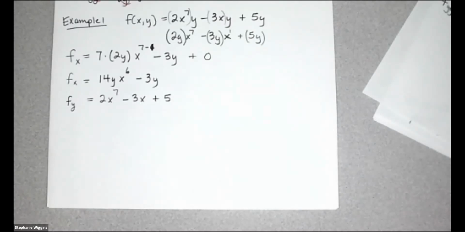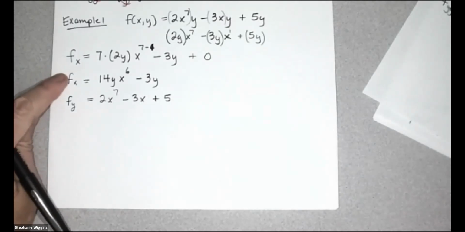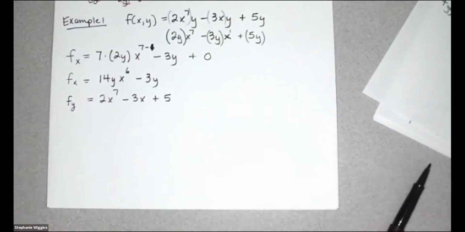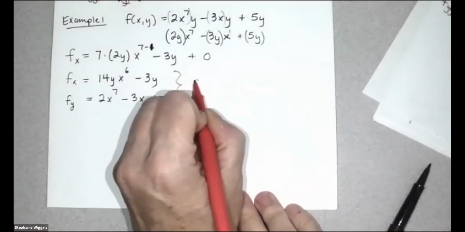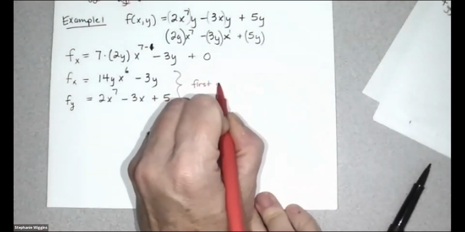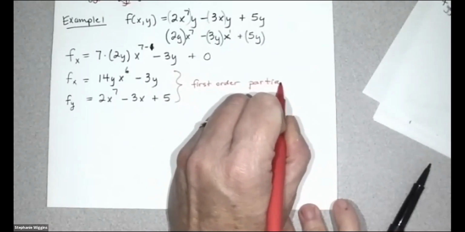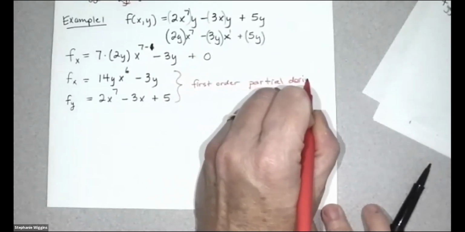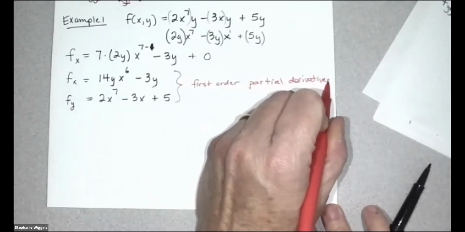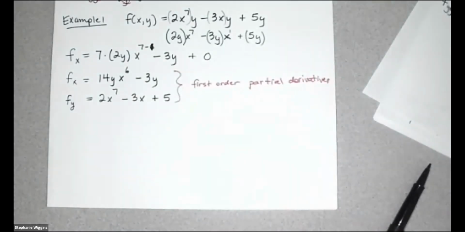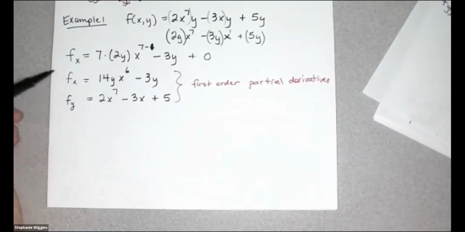Okay. So these are the first order partial derivatives, and we want to find the second order. So we have to differentiate these.